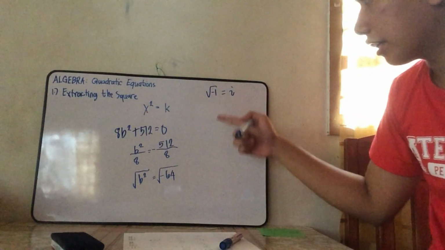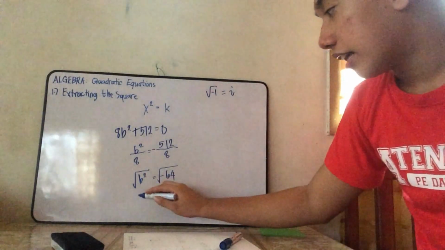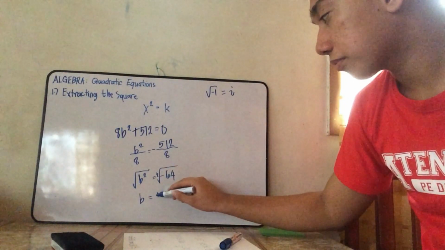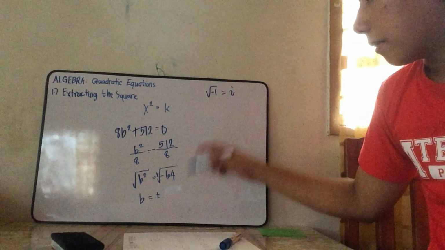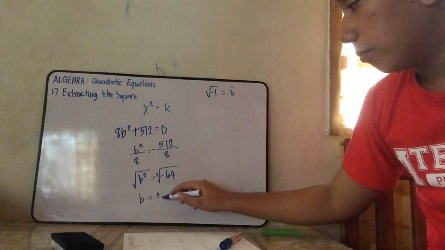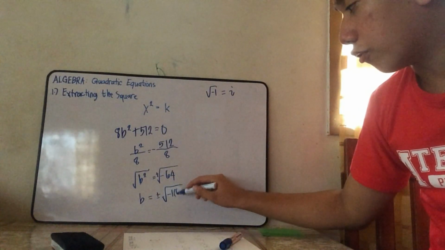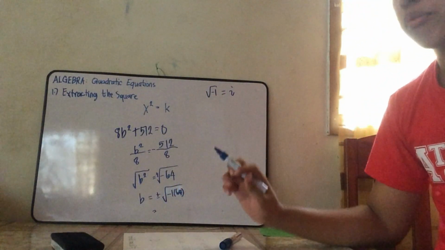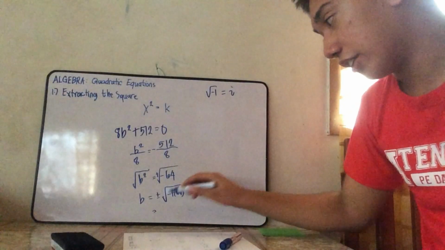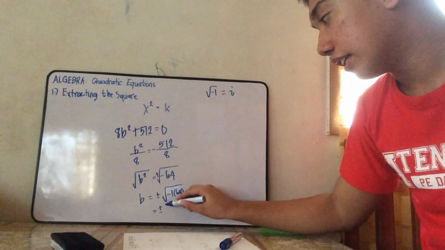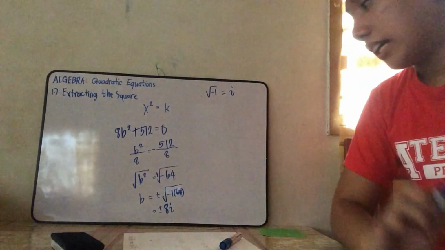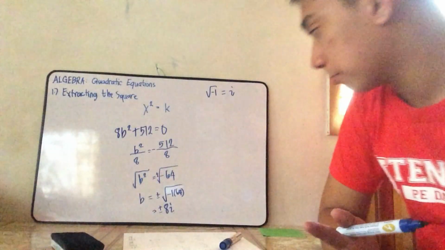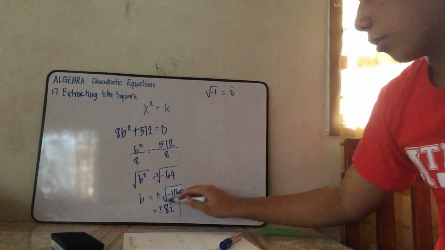So in this case, I will just apply plus minus here. I will factor out what is inside, so it will become negative 1 times 64. Then the square root of 64 is 8. Then the square root of negative 1 is transformed into i. So, our final answer should be plus minus 8i.